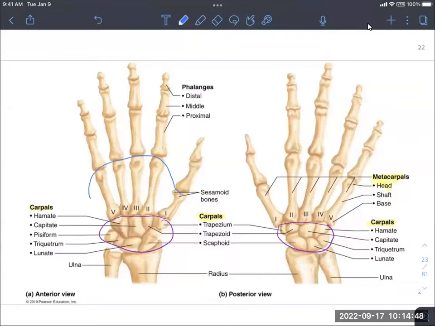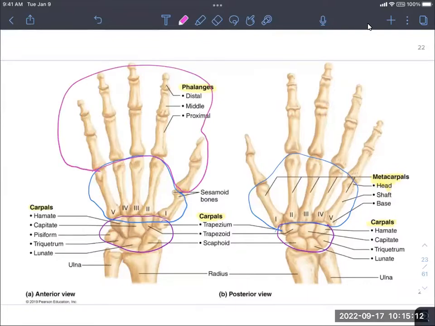So these are your metacarpal bones. Your phalanges are your fingers. So here are your phalanges. That's all you need to know the bones of your hands as.